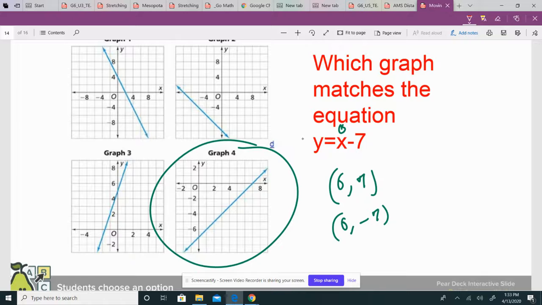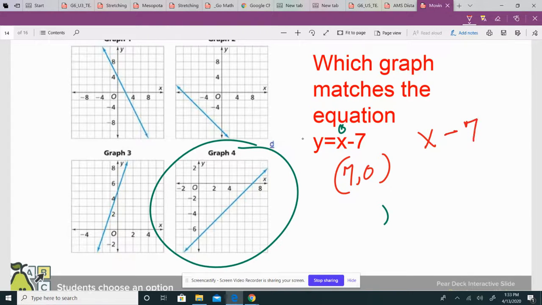So now we're going over to 5, 6, right? So this is 7, 0. So it's over 7, but it's not up or down anything, right? Over 7, pardon me. Because first comes x, then comes y. So 7, 0, right?